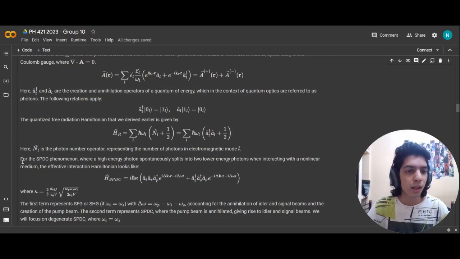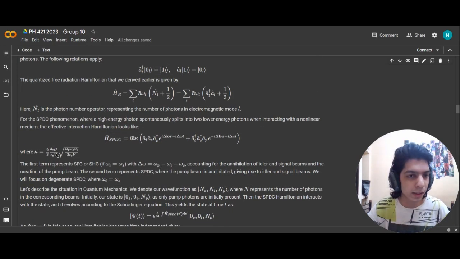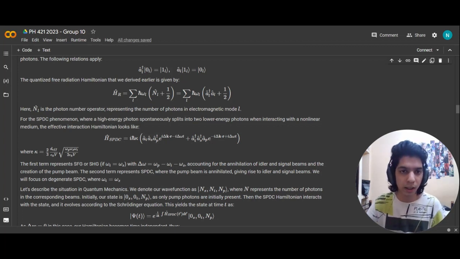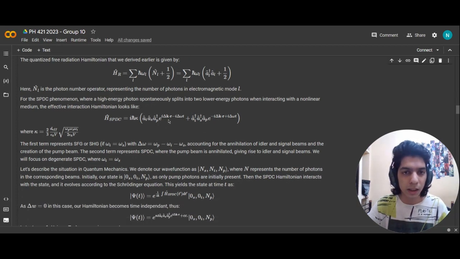So in this SPDC phenomenon, we can write the interaction Hamiltonian in this format, where kappa is a factor, and a_I, a_S, and a_P are the idler, signal, and pump beams' operators respectively, with creation and destruction operators. And we have a phase factor of e raised to i delta k r minus i delta omega t, where delta k r is basically the phase matching, and delta omega is basically omega p minus the idler and signal omegas.